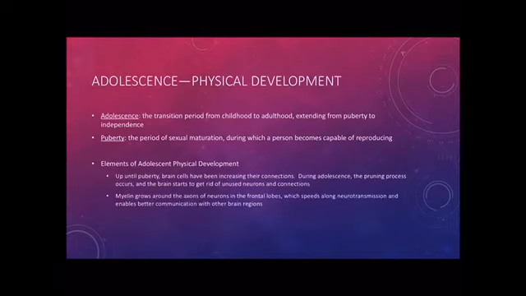Myelin starts to grow around the axons of neurons in the frontal lobes, which speeds along neurotransmission and enables better communication with other brain regions. I said there was rapid development in the frontal lobes between the ages of 3 and 6. Once we reach adolescence, we see that rapid development again, not quite as rapid as between the ages of 3 and 6, but more so than in between these two stages.